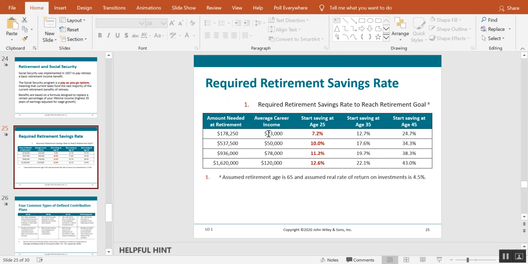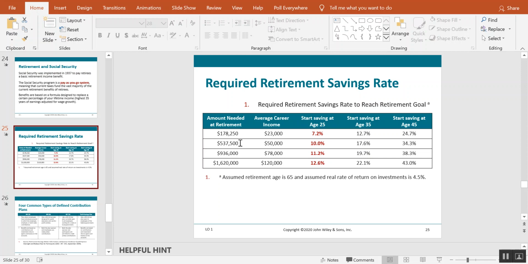That will cover this kind of an annual income in retirement. You can see the more income you make, the higher the percentage of savings you need to be contributing if you want to maintain this kind of a lifestyle.